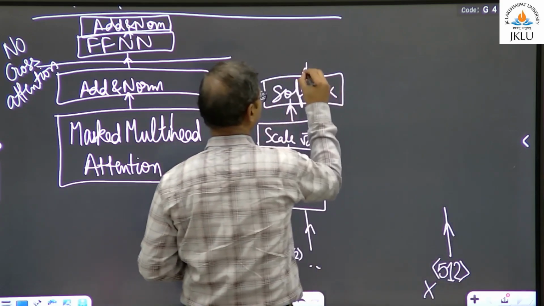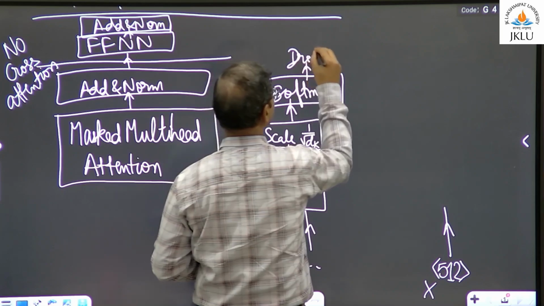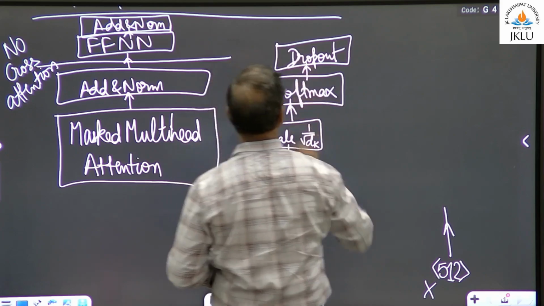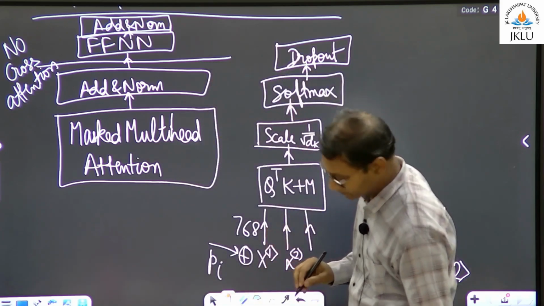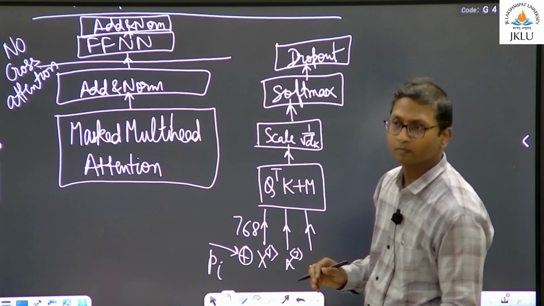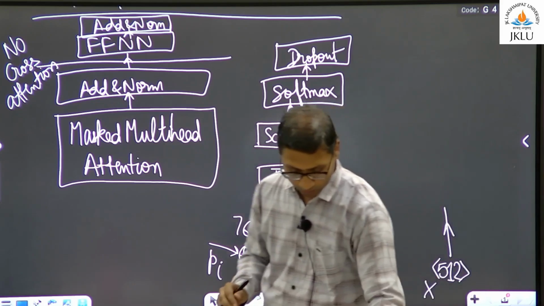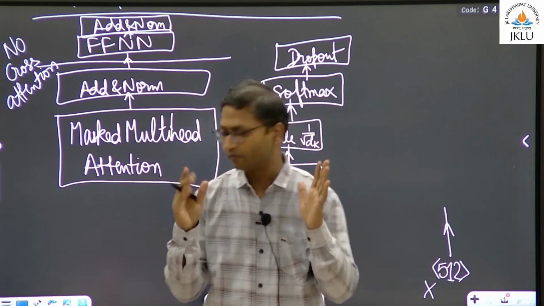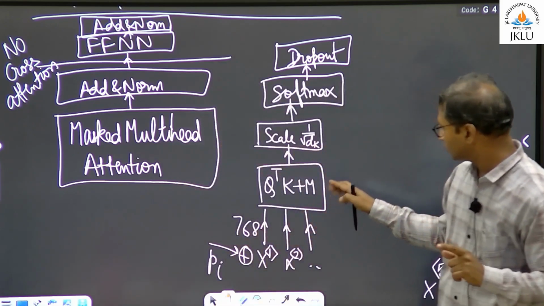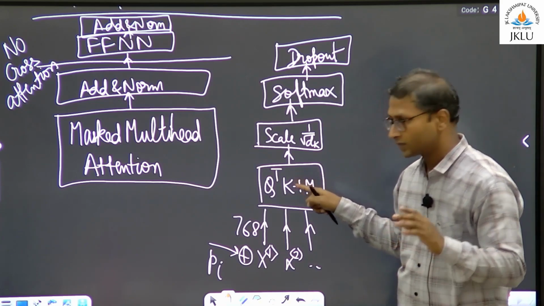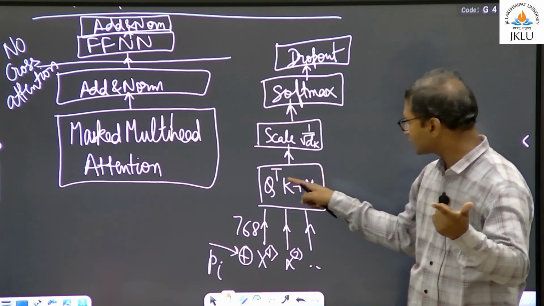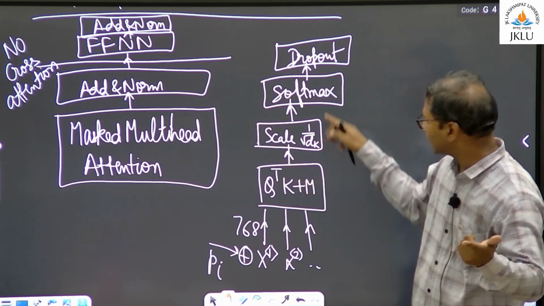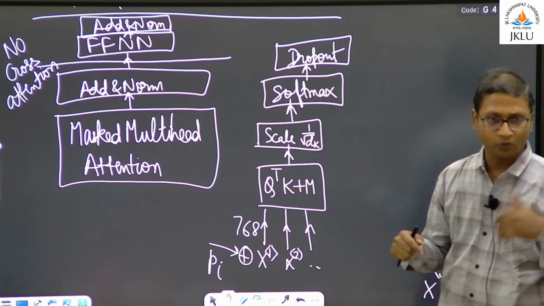Here you do dropout. Okay. What next? What was the whole thing that we were doing in transformers? You compute the softmax of q transpose k plus m divided by under root dk. This part is done. You take dropout.